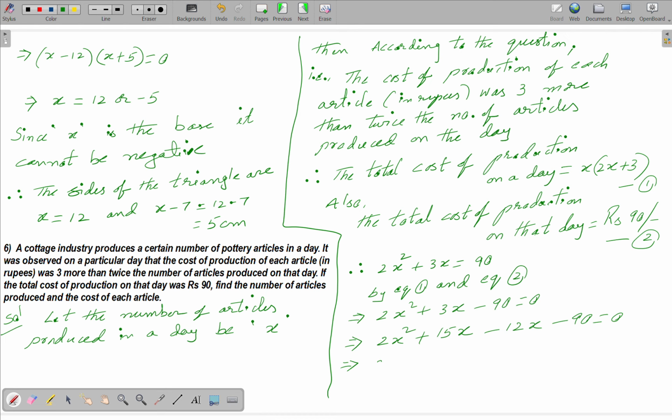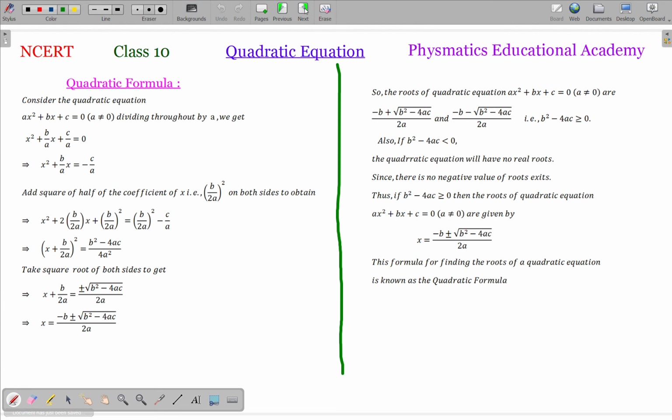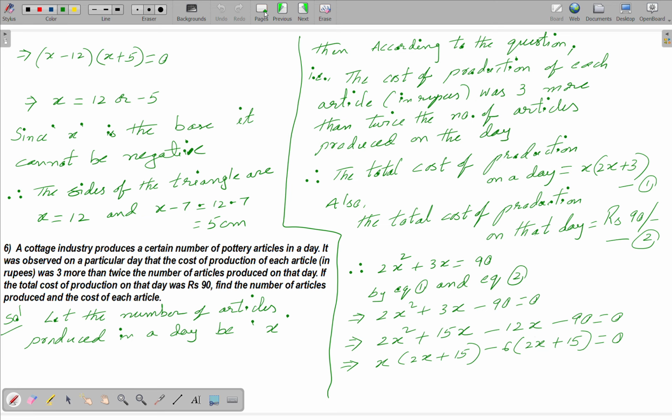That implies, taking 6 as common, 2x plus 15 is equal to 0.